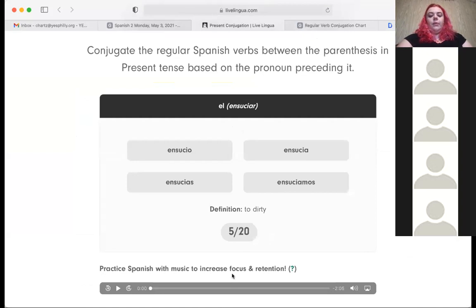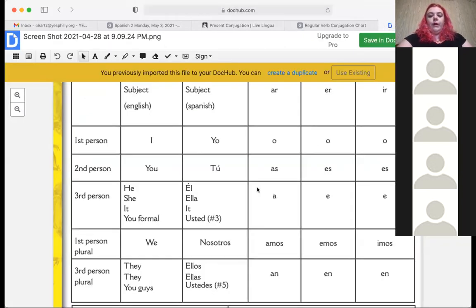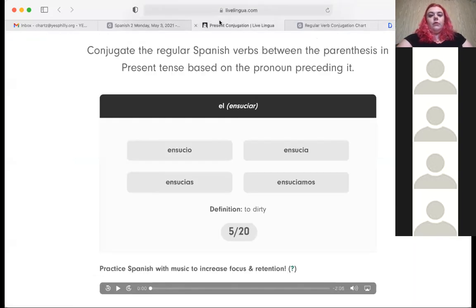So which one is it going to be? Nope, it's not going to be the AS, because if we look at our chart here, tú, you, is the AS ending. We have él here, he. So it's going to be the A ending. So it's going to be ensucia, right?